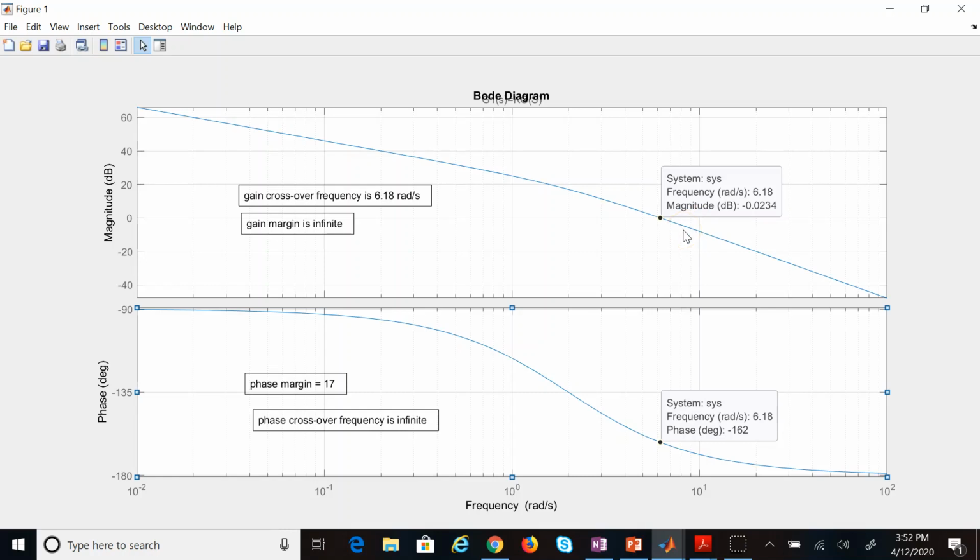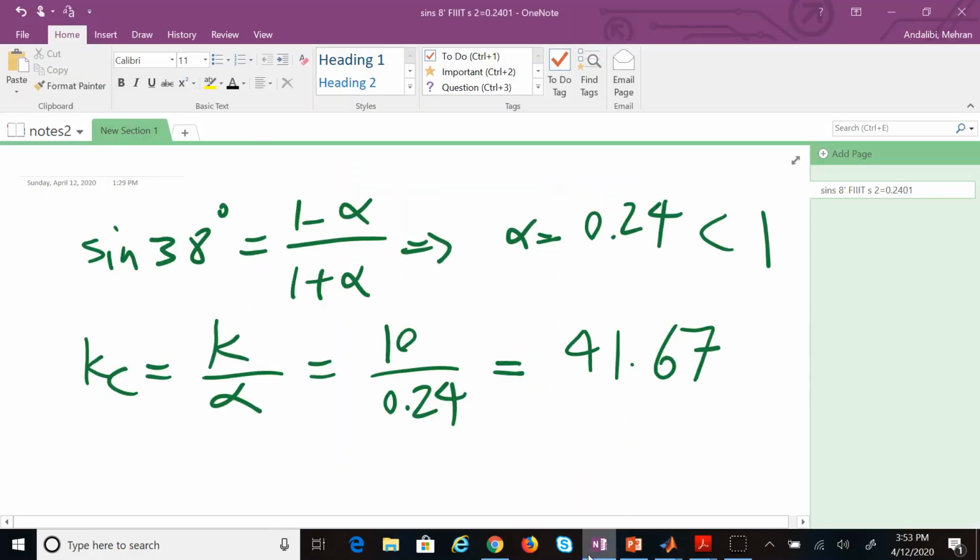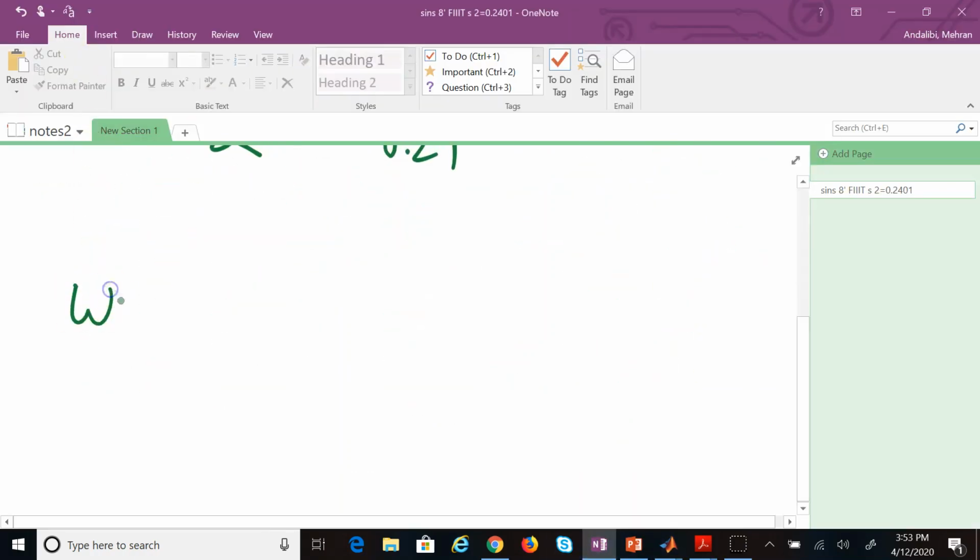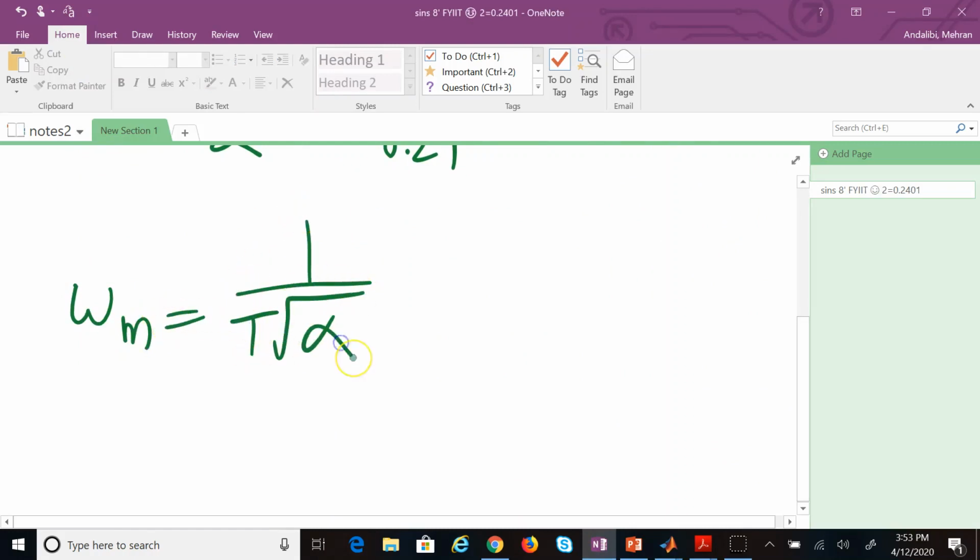It was just gain modified. Now the question is, I don't want this 6.18 to be the new gain crossover frequency. I want this value to be my new gain crossover frequency.